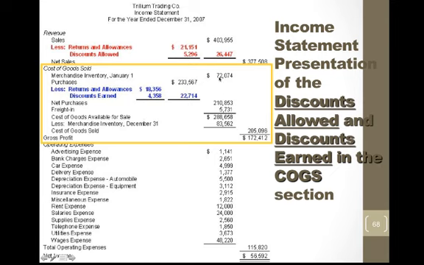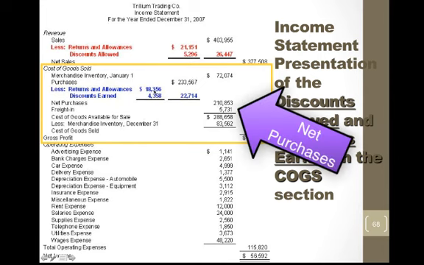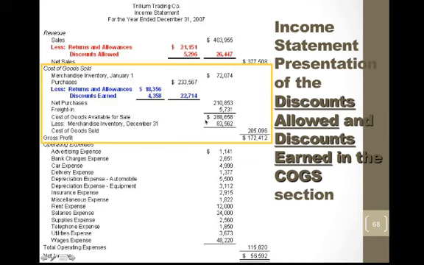So we have our purchases, because we want to get our net purchases, is going to be our purchases less both of these two. And so we're going to add them together, move them over one, to add them together to get the total amount that we're subtracting from our purchases to get our net purchases. Okay, so how does this look? These two are added together to get this number, and we're subtracting this 22,000 from this to get our net purchases. Okay, so this is the whole cost of goods sold section.